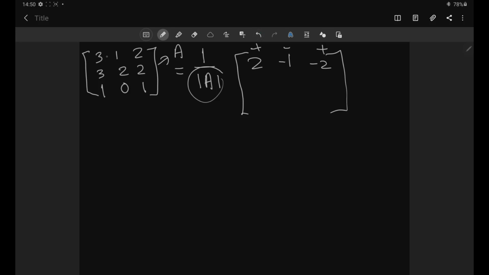Okay, and then the next, 1 times 1, 1, minus 2 times 0, 0. So here 1, but here the coefficient of the cofactor must be minus, so negative 1.